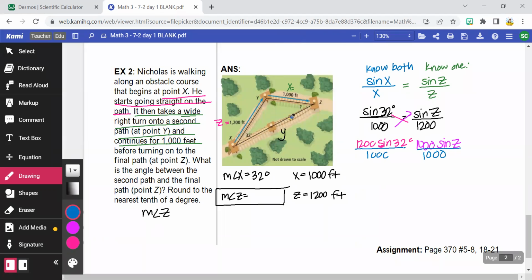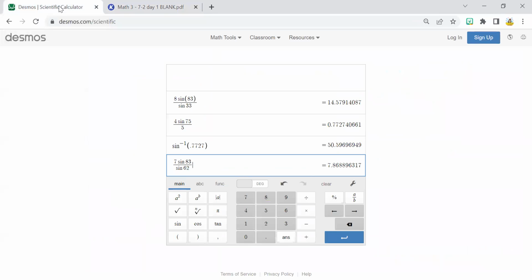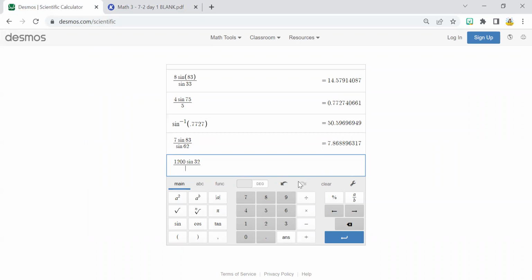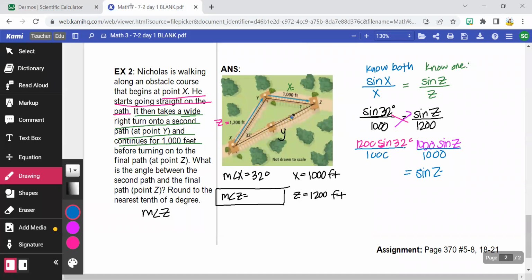And that's going to give me sine of Z. So let's calculate 1,200 times sine of 32 divided by 1,000. That gives us 0.6359.